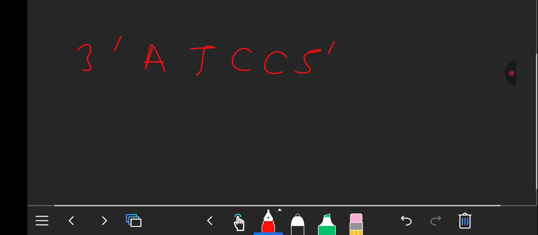We call this a template strand because it is the template strand that is going to code for information.